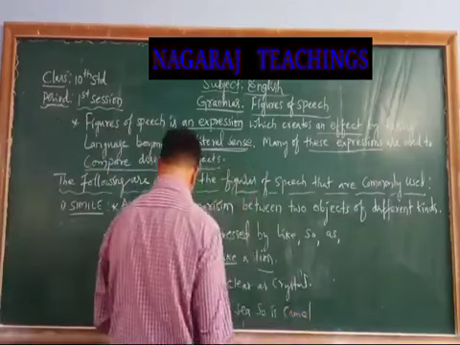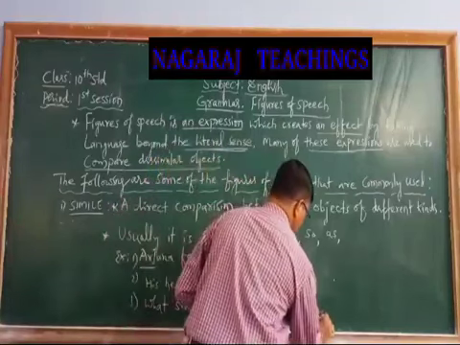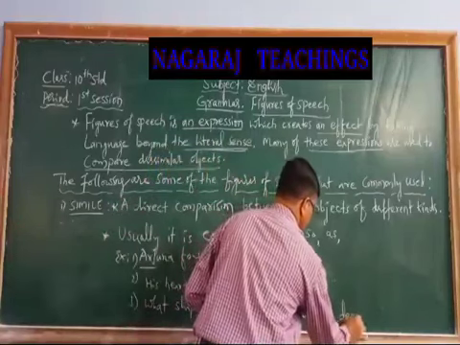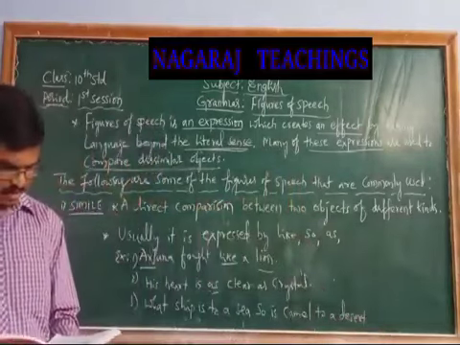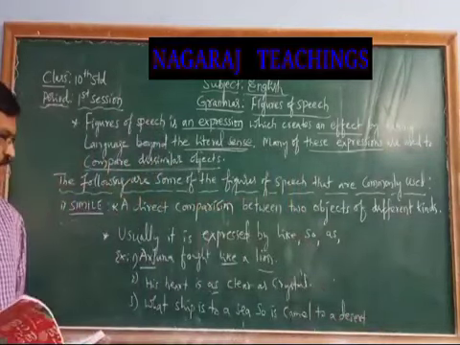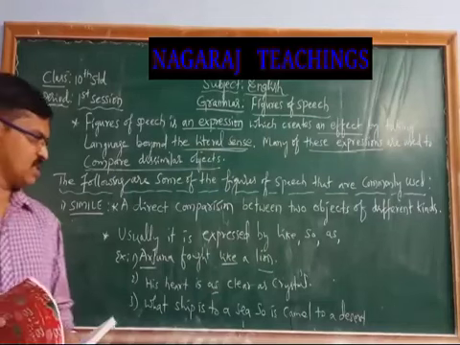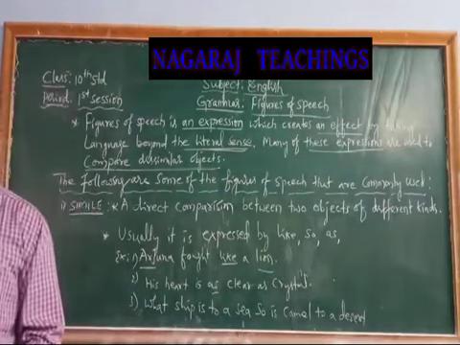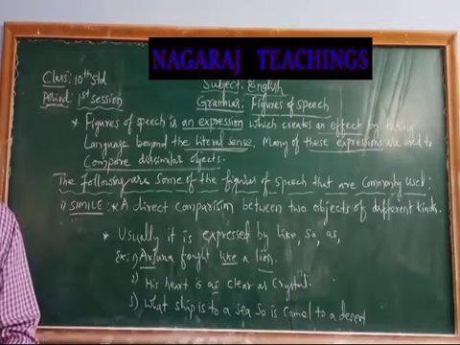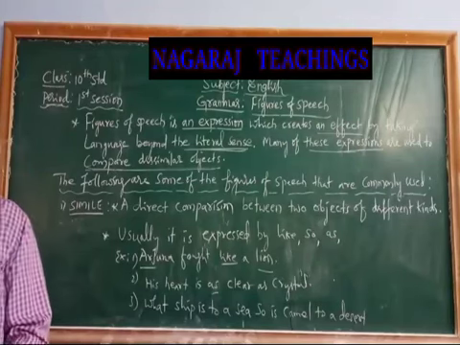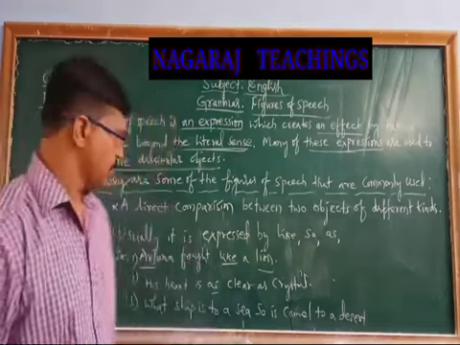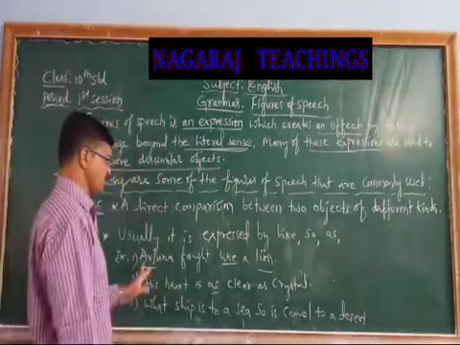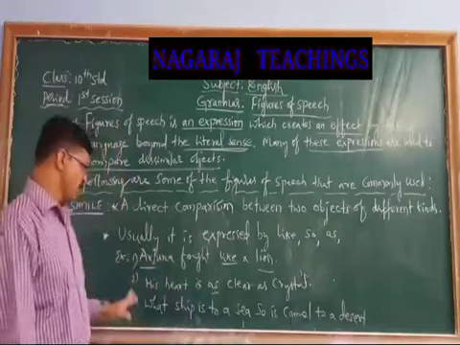So is a camel to a desert. The king had a heart as hard as a stone. So we are going to see so many examples.